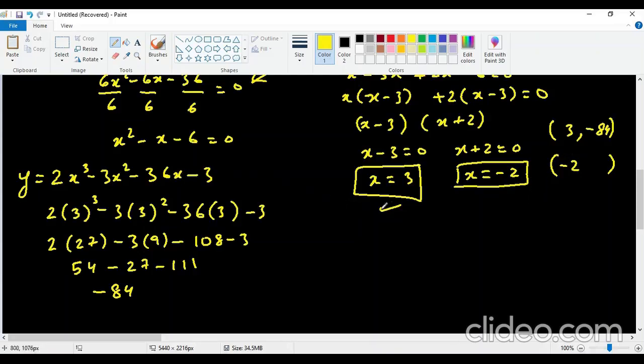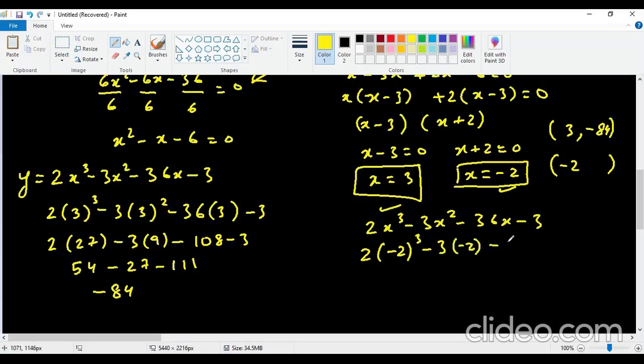Okay, now we write the same equation and we use negative 2 over here. So this is 2x cube minus 3x square minus 36x minus 3. Same equation, and in place of x we are going to plug in negative 2. That means this is going to give us minus 16 plus 12 plus 72 minus 3.